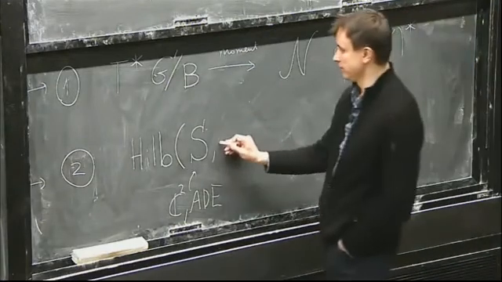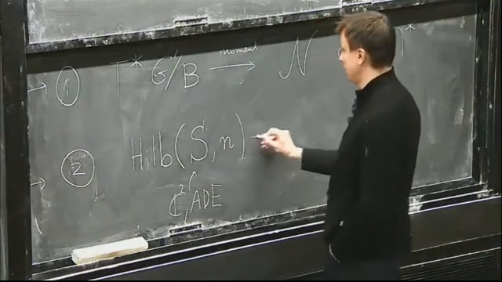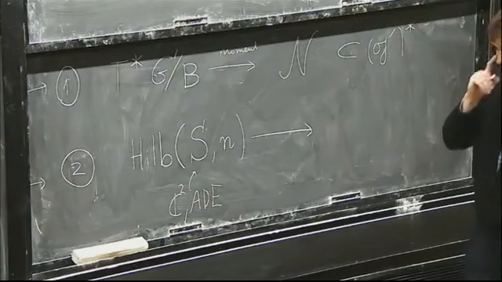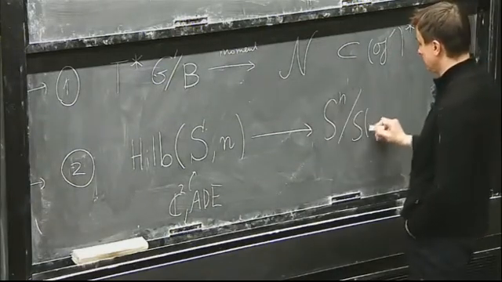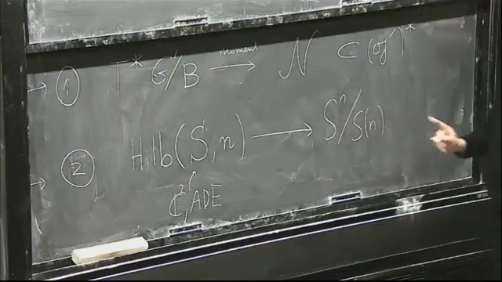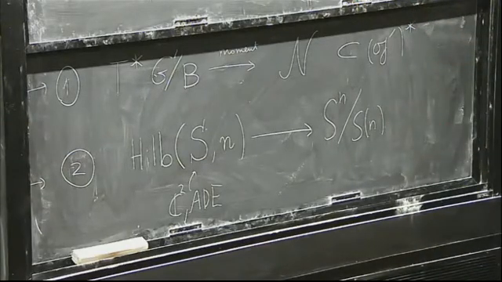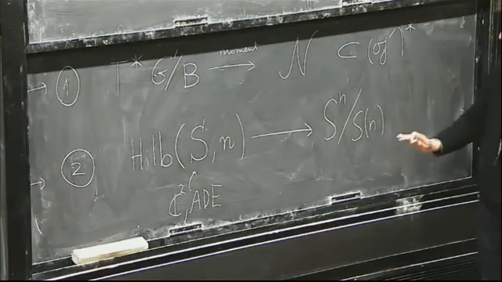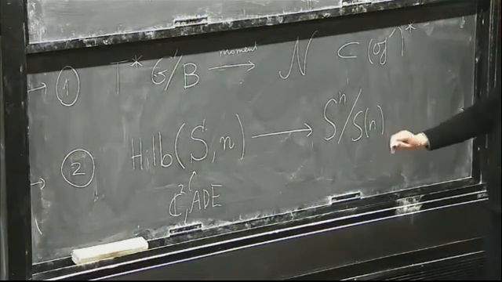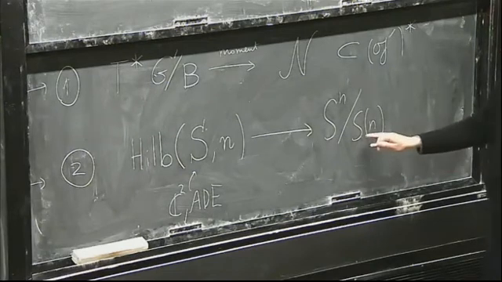And then this maps by the Hilbert-Chow map to S^n mod S_n. This S is not this S. This is a symmetric group, the automorphisms of the endpoint set.